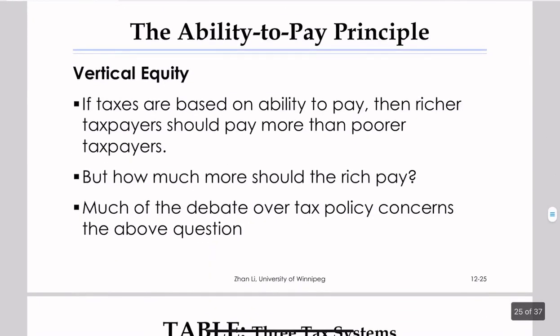As I said, it's hard to measure vertical equity. To be more precise, even though we know that a richer person should pay higher tax, we don't know how much higher. So the majority of the debate on income tax is about exactly how much more this richer person should pay, right?